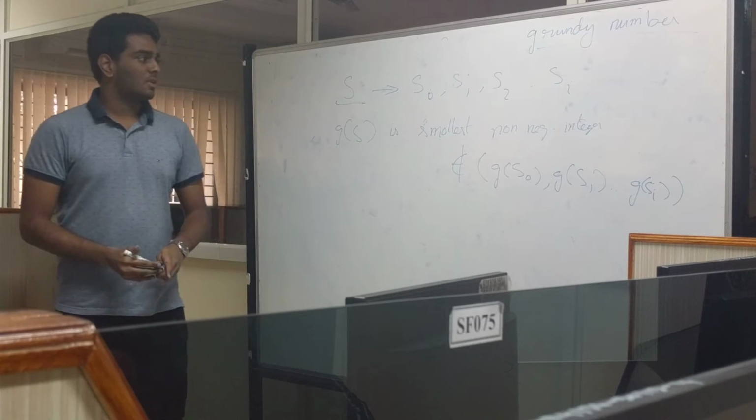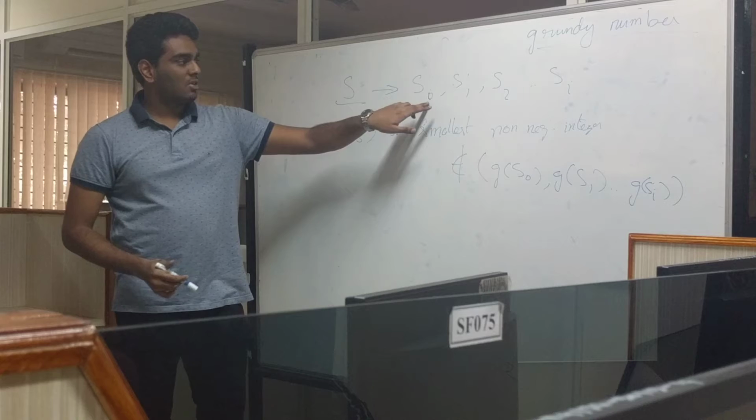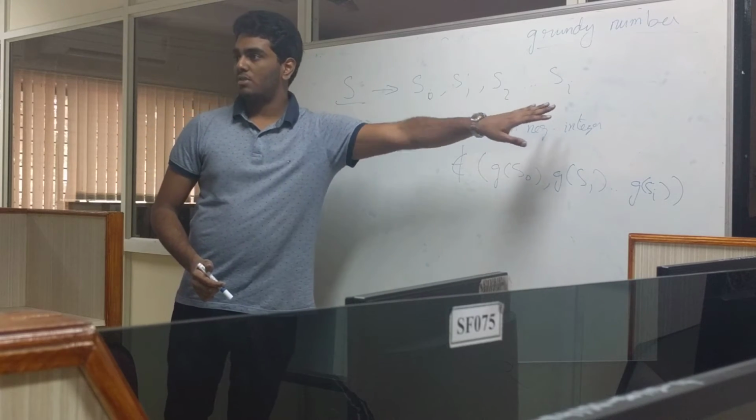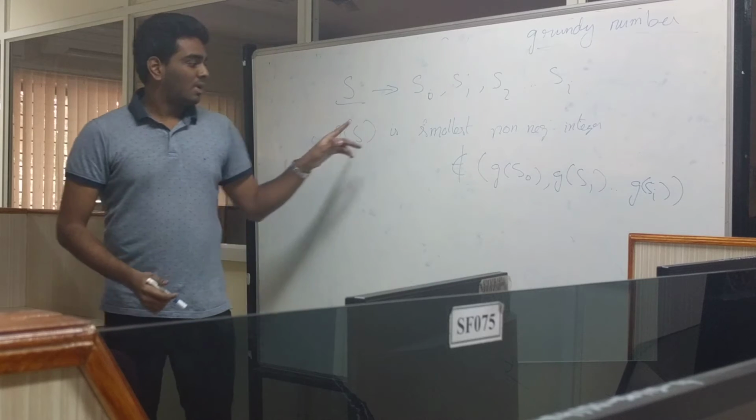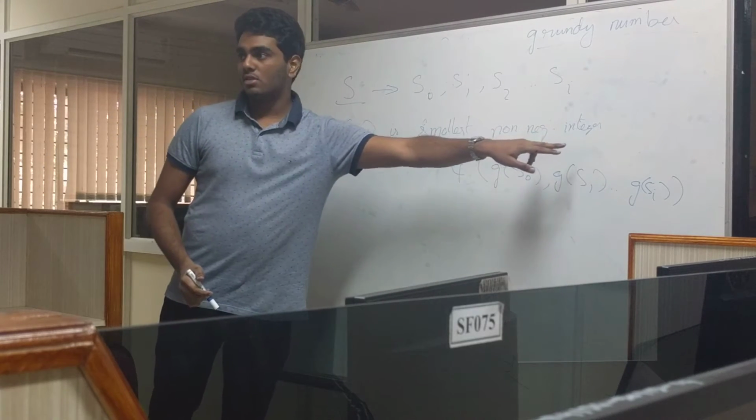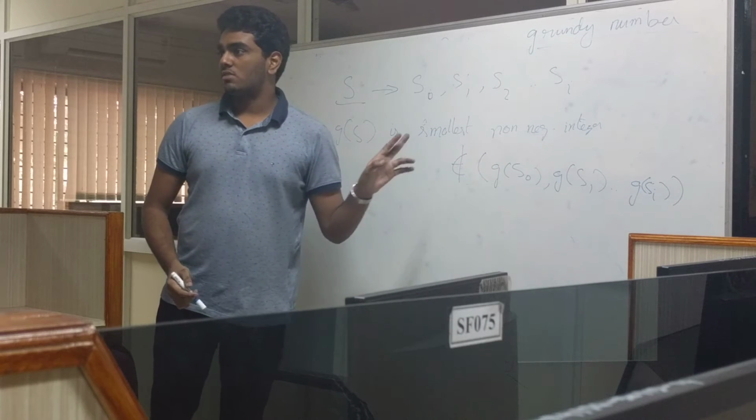So I'll repeat this again. We find the Grundy number of all the states that S can lead to, and G of S is the smallest non-negative integer which is not among them.